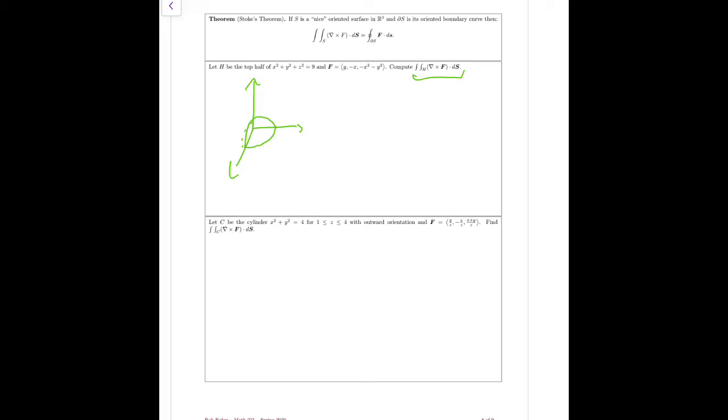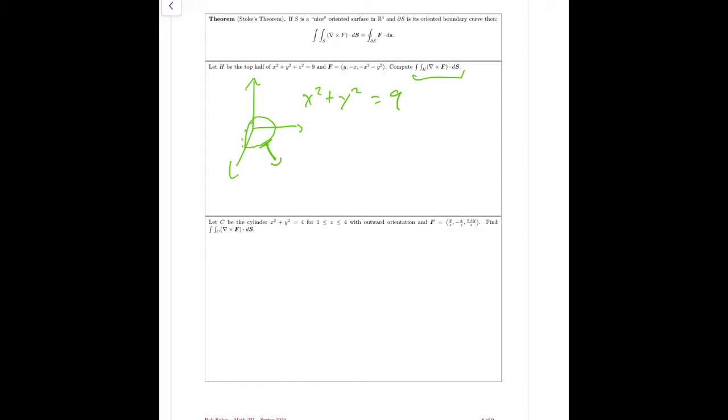Okay, so the boundary curve is going to be just the curve x squared plus y squared equals 9. And now we need to determine whether we give this the counterclockwise orientation or the clockwise orientation. We're just going to do the thing that I mentioned before. If you walk along the boundary of the curve with your head pointing in the direction of the normal vector, your head is going to be pointing that way.